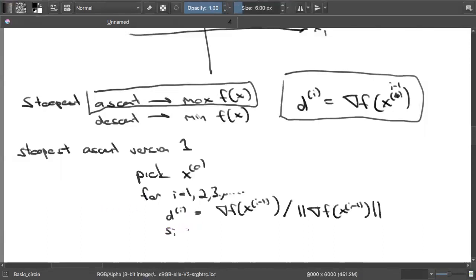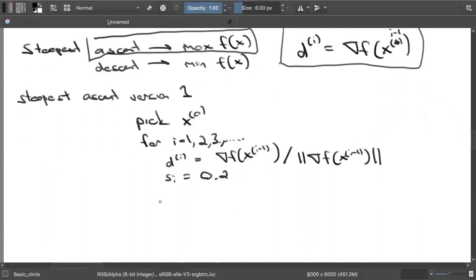All right, just fix it. Just pick something. Let's say I pick 0.2. That's my choice. And then I update x sub i equal to x sub i minus 1, where I was before, plus a step of length s sub i in the direction d sub i. And that's it.